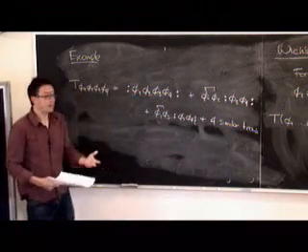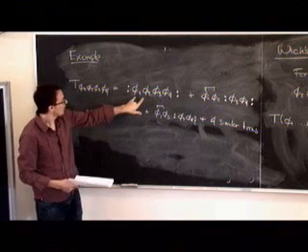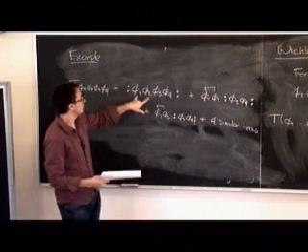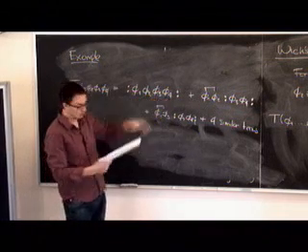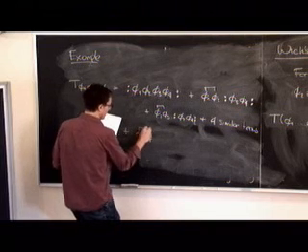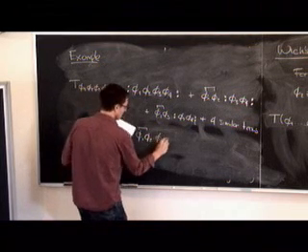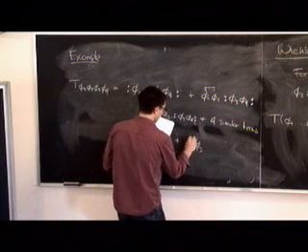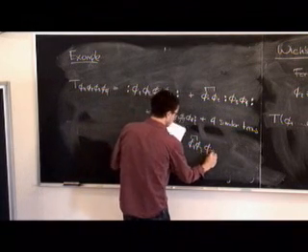But then I keep going. Now I start contracting more than one pair. So I contract phi1 and phi2 with phi3 and phi4. Or I could also do phi1 and phi3 and phi2 and phi4. So these things that I'm left with are just functions. They're not operators because everything is contracted.